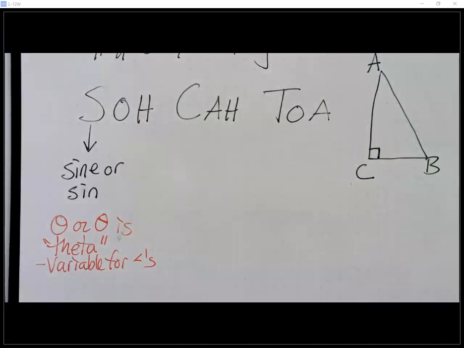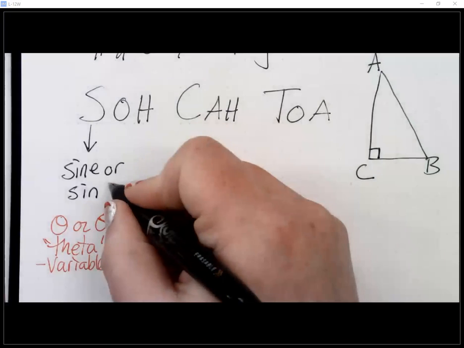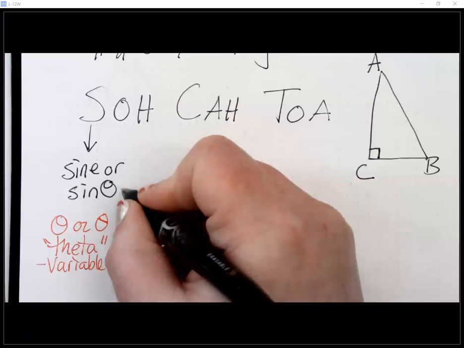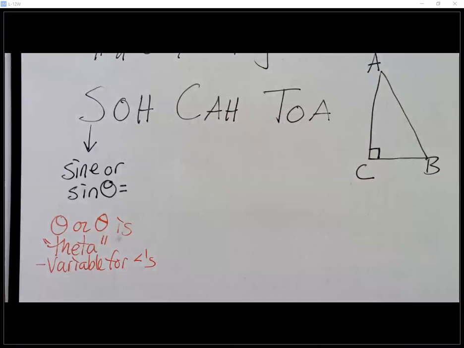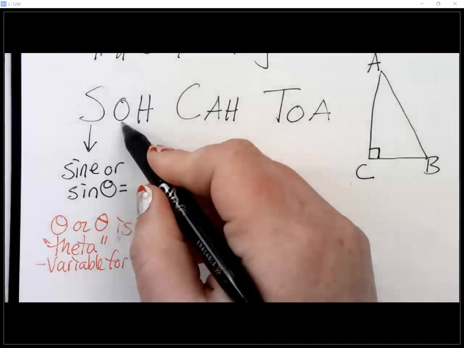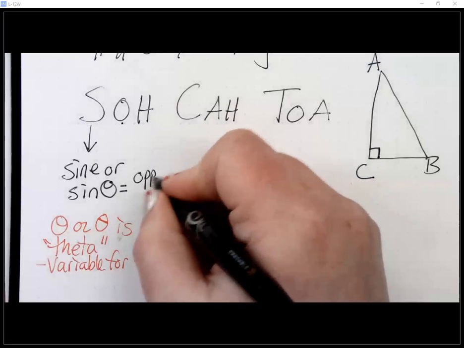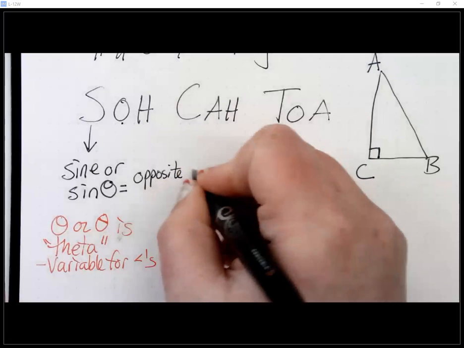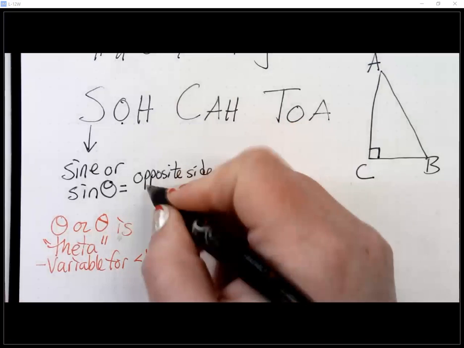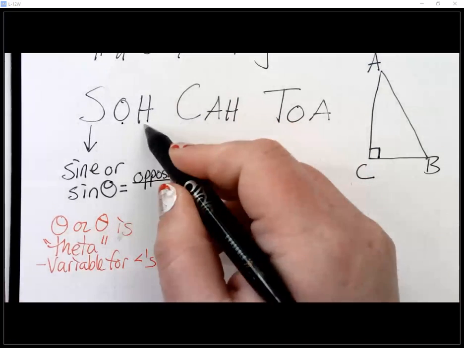Okay, so sine of some angle theta is going to be equal to, you ready for this? The O stands for the opposite side over, what do you think H stands for in a right triangle?